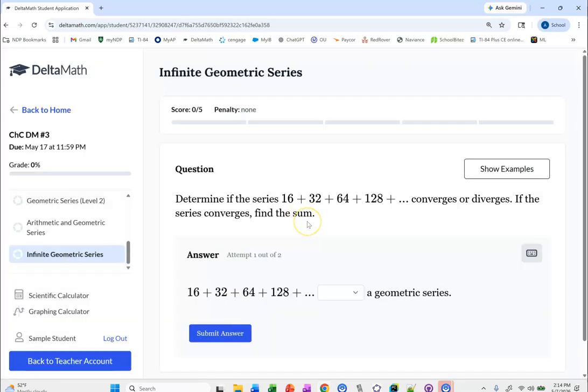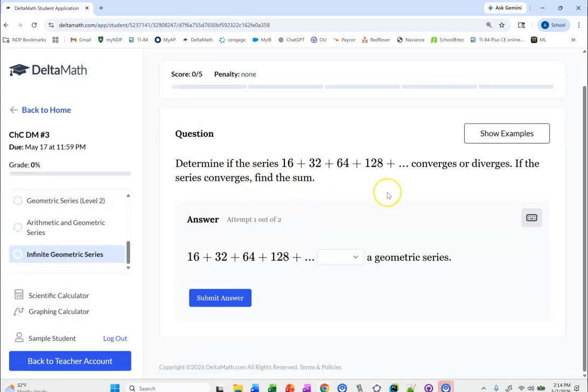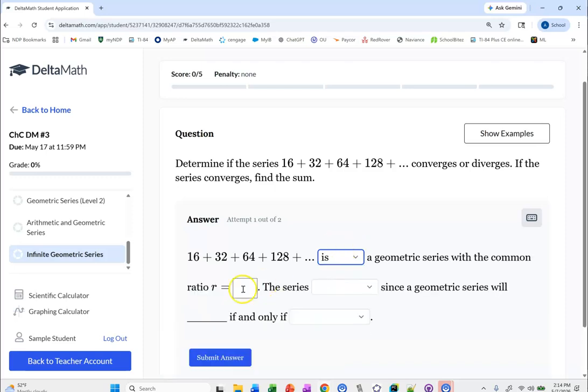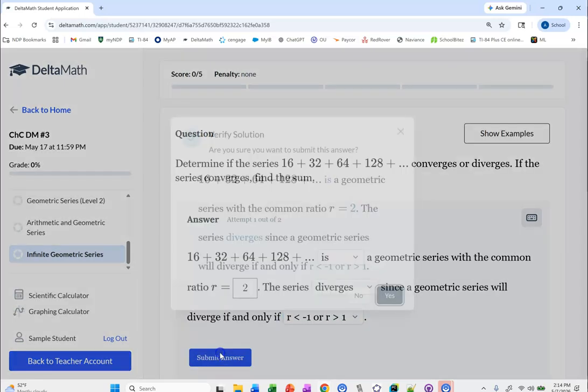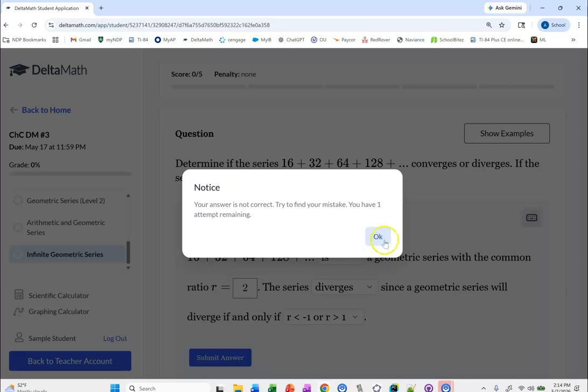And then this is an infinite geometric series, and you just decide if it is geometric, you have to give the r, and we say this series diverges because the r is less than -1 or greater than +1. So you just would answer it like that.